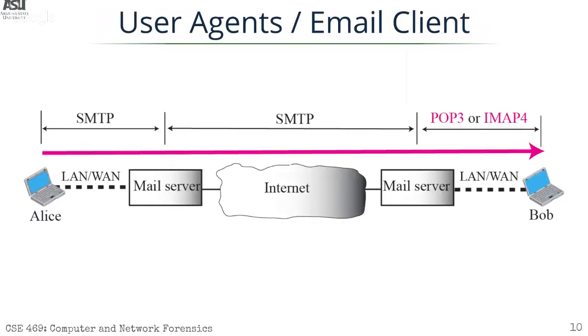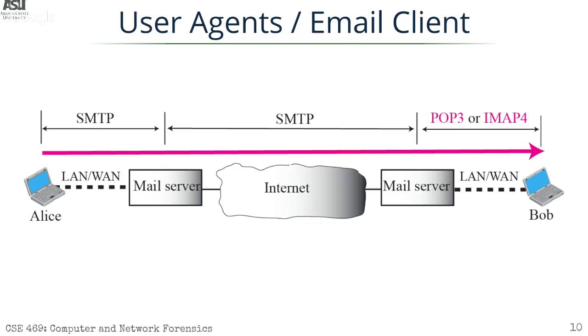Here we have Alice and Bob communicating with each other. Alice's computer communicates over a LAN or a WAN to the mail server via SMTP, because the email is going from Alice to Bob.